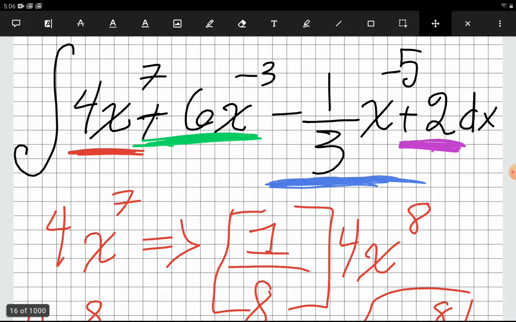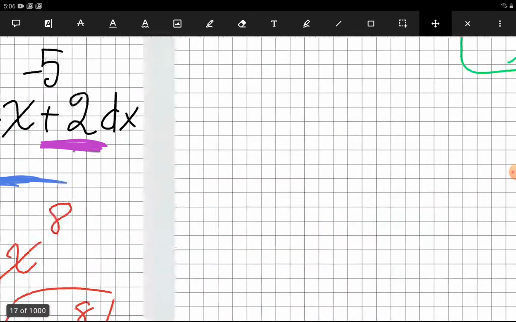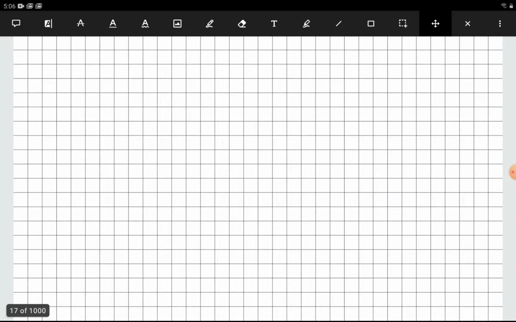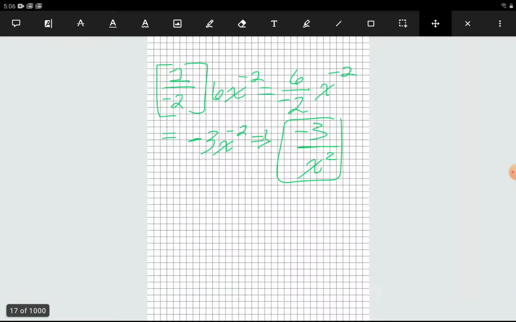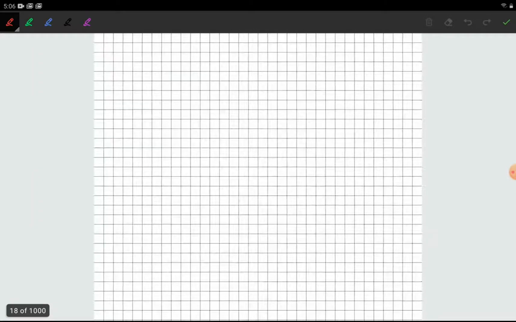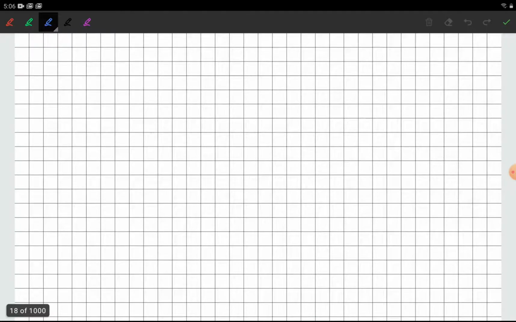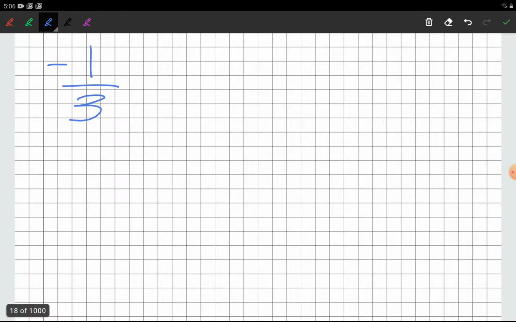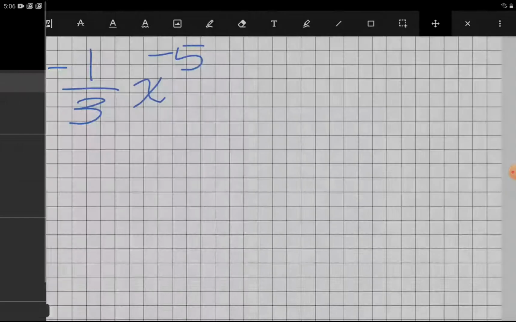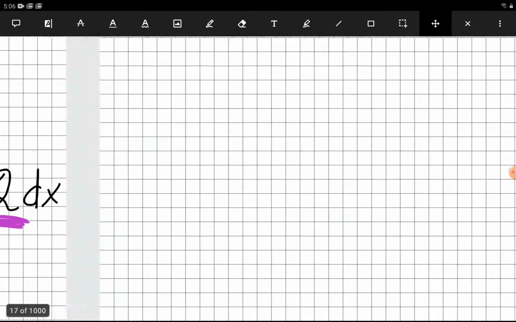Negative 1 over 3. What's that in blue? Negative 1 over 3. We're doing part by part. X to the negative, is it negative 5? Yeah.